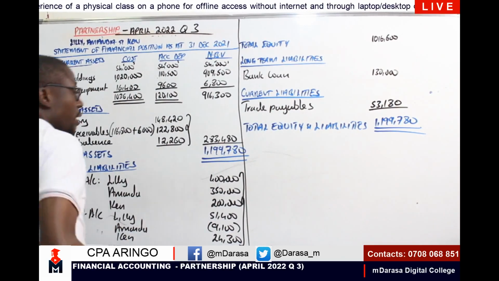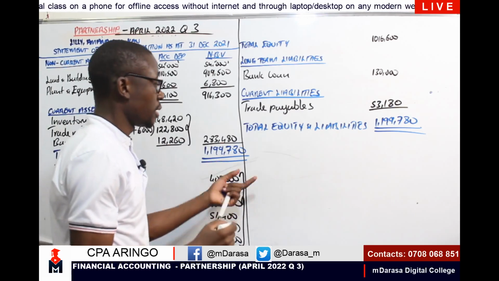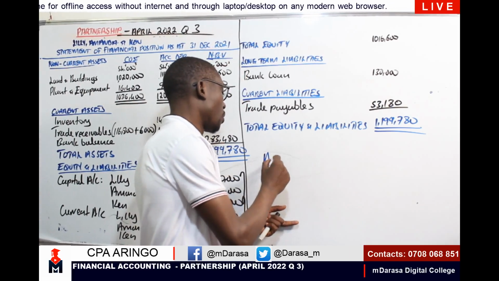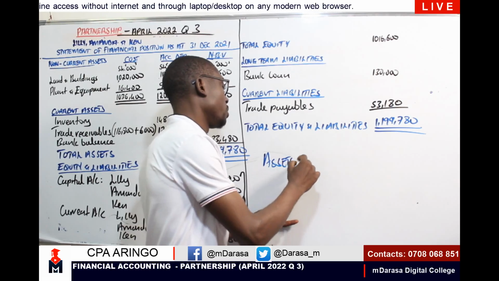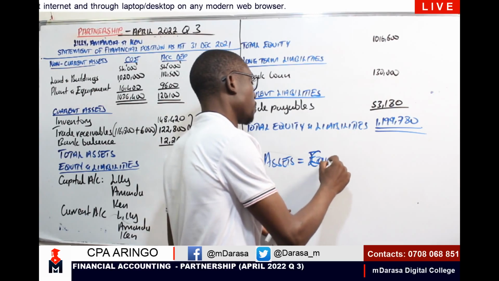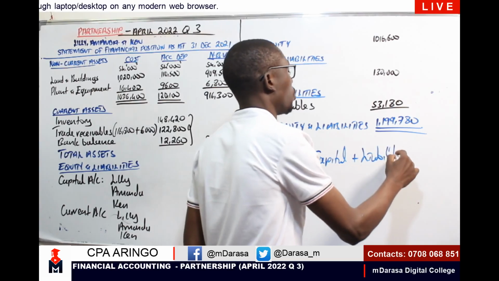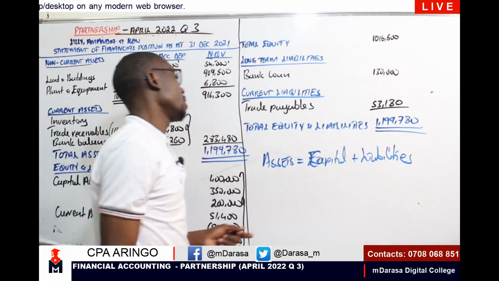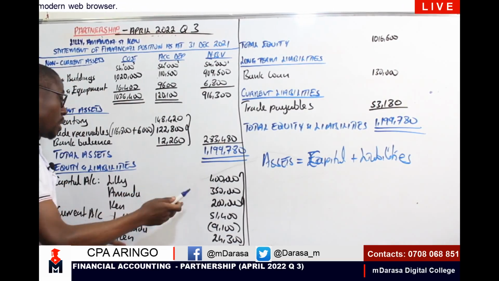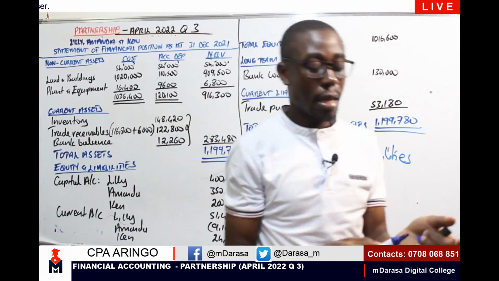So you can clearly see that we've done everything correctly, satisfying our bookkeeping equation that our assets should always be equal to capital plus liabilities. And that is what we are seeing here. Our total assets equal our total equity and liabilities.